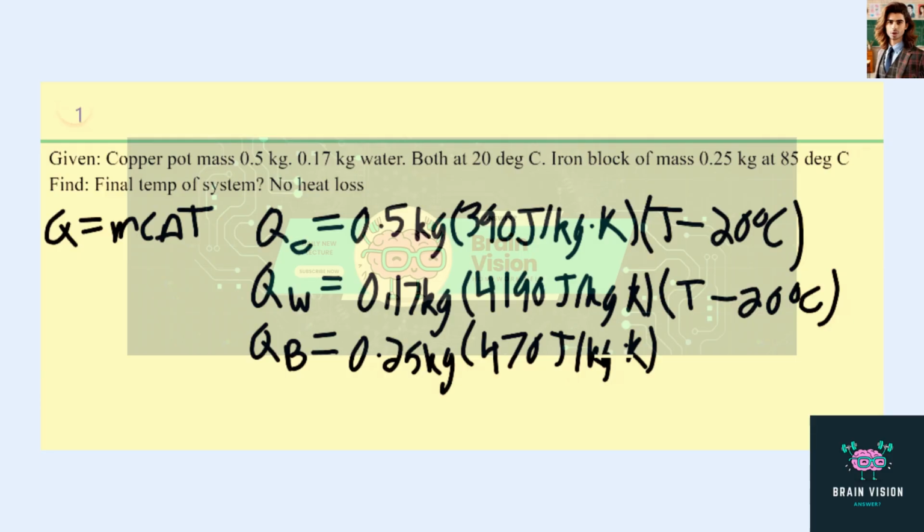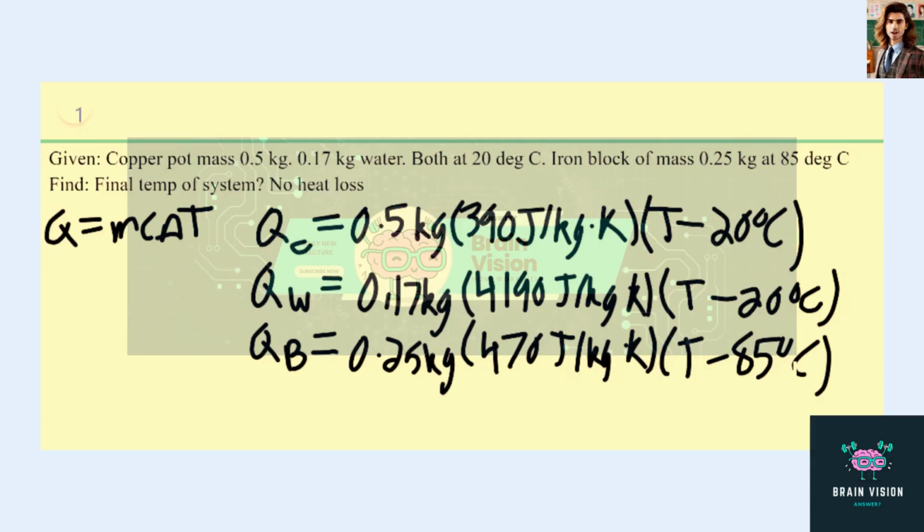And then our temperature change is going to be our final T minus 85 degrees C. So it's the same thing for every single one of them. Okay, so we have these three expressions.